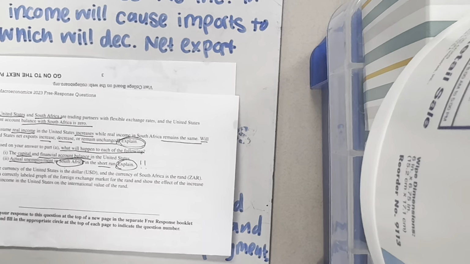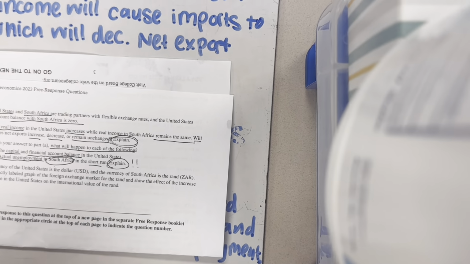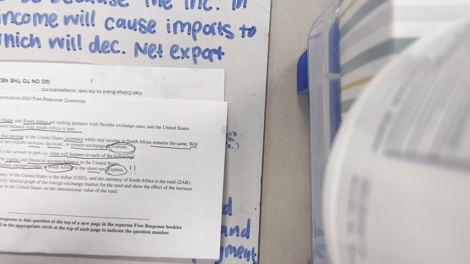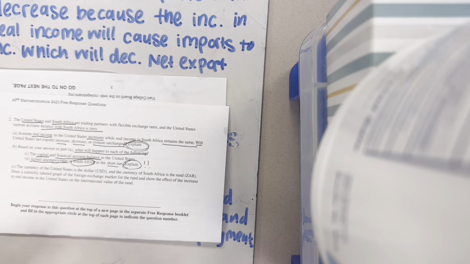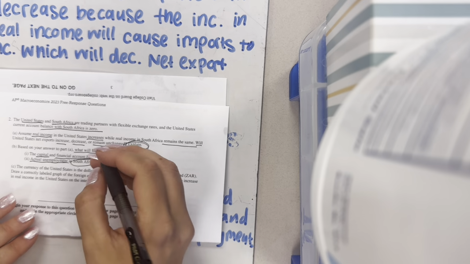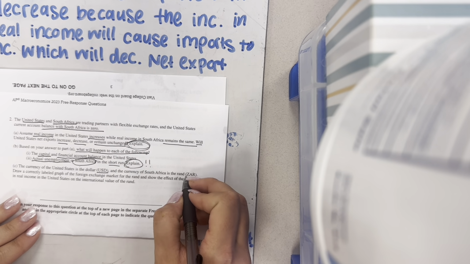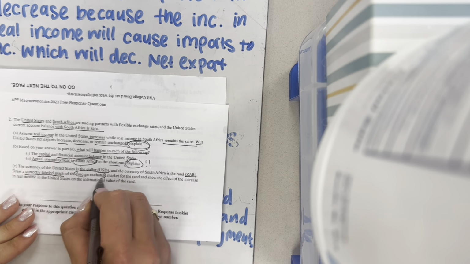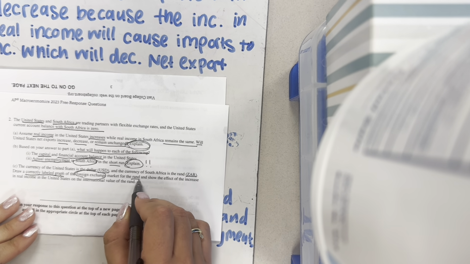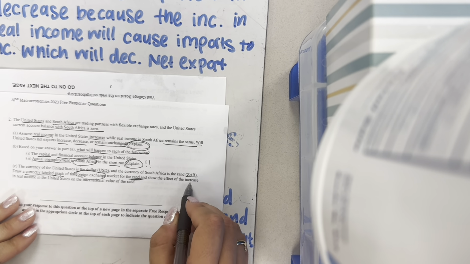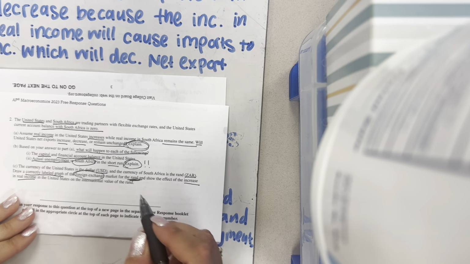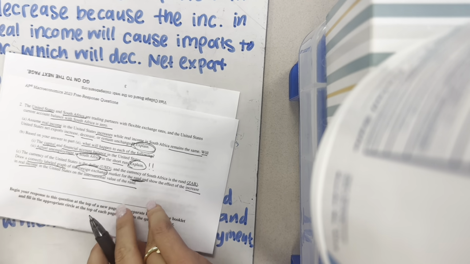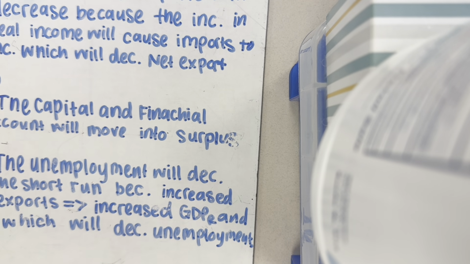For Part C, the currency in the United States is the dollar and the currency in South Africa is the rand. So we have to draw a correctly labeled graph of the foreign exchange market and show the effects of an increase in real income in the United States on the international value.